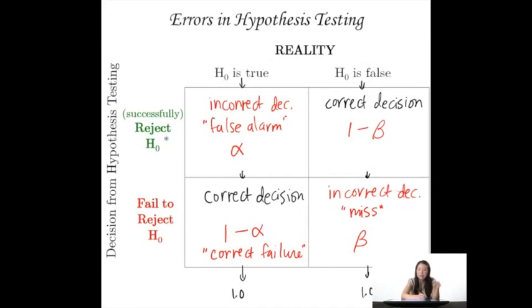So in dating, it might be you reject somebody who comes up to you, and good job, you should have rejected them. They're a total loser, right? Okay, so that's what we call a hit. Sort of like in Battleship, you said, pew, right? And you hit it. You hit it on the dot, right? So this is the hit rate. This is the miss rate. This is the false alarm rate. And this is just my word. This is the correct failure rate.